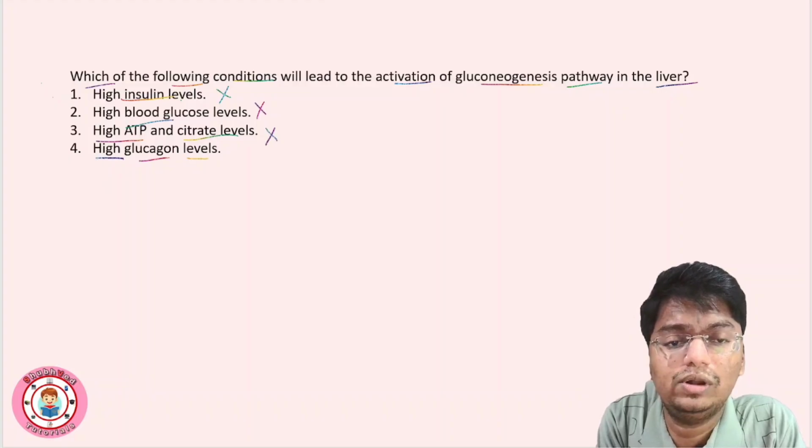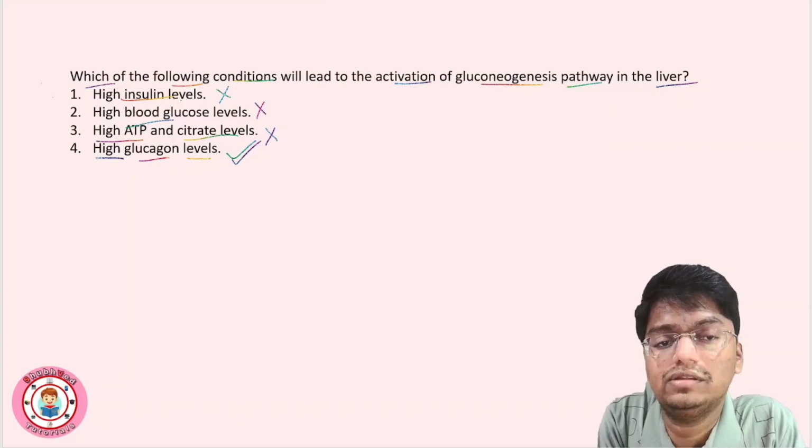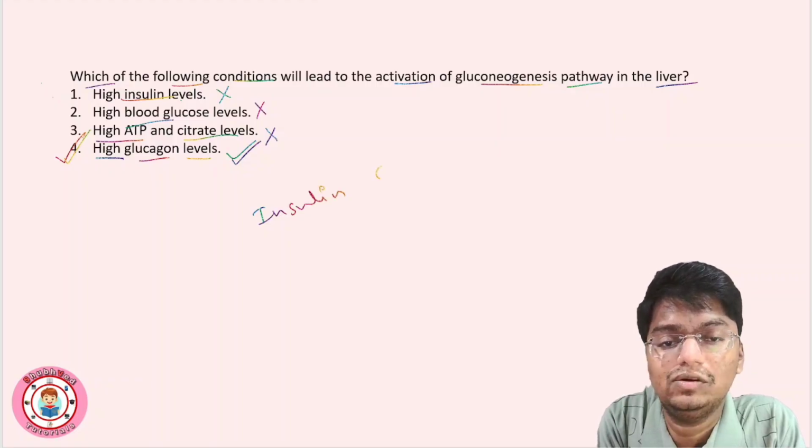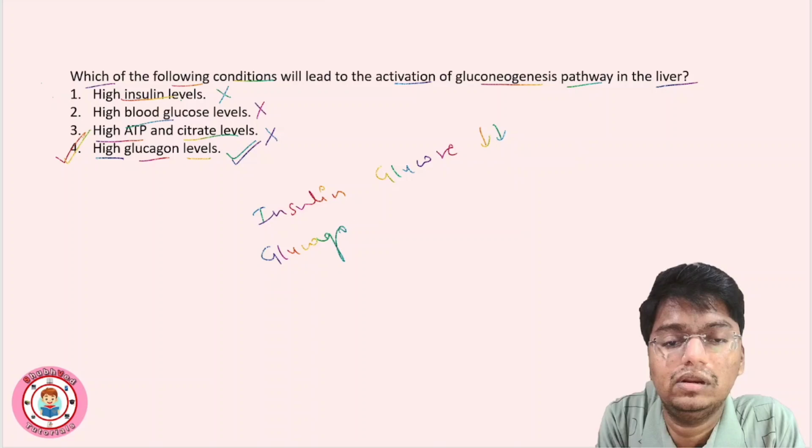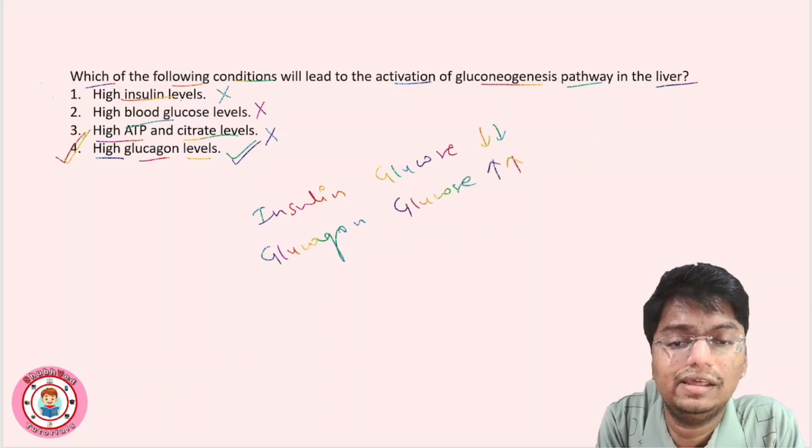High glucagon levels, yes. तो ऑप्शन 4 आंसर होगा. ये हार्मोनल रोल इंपॉर्टेंट है. इंसुलिन ग्लूकोज कम करता है, राइट, एंड ग्लूकागॉन ग्लूकोज को इंक्रीज करेगा.